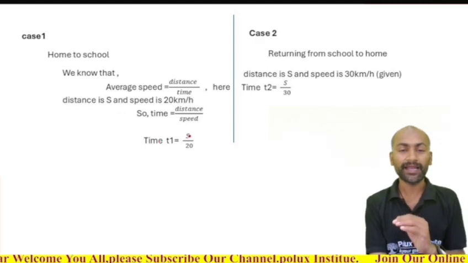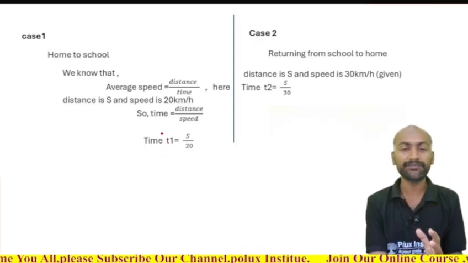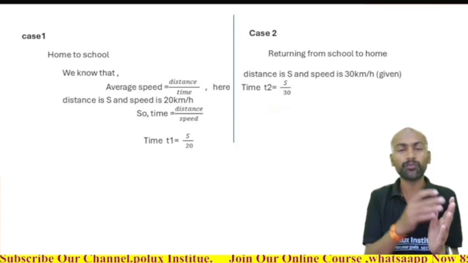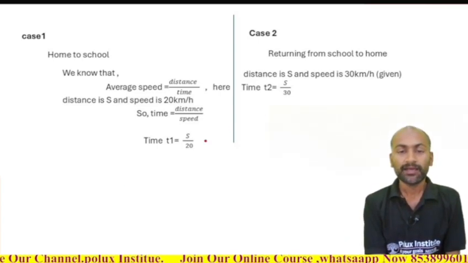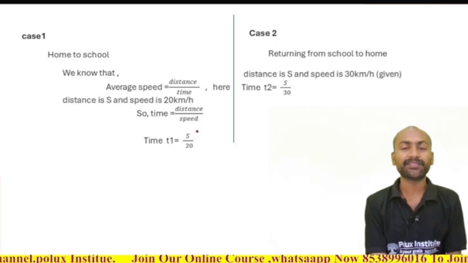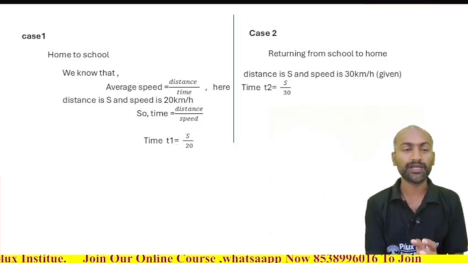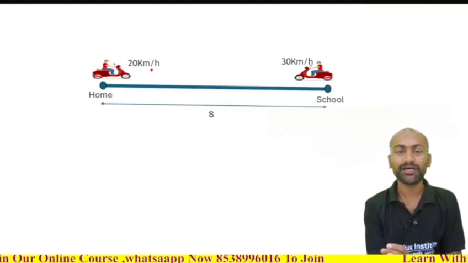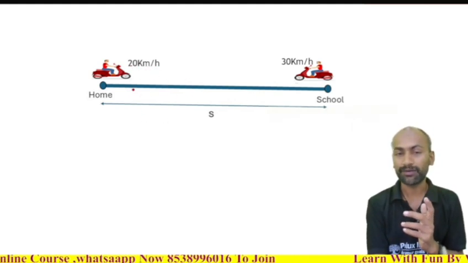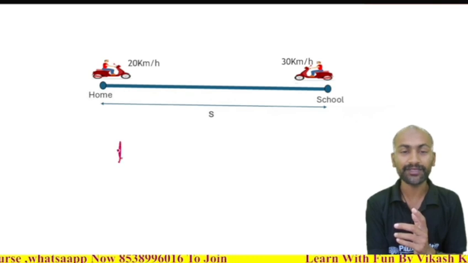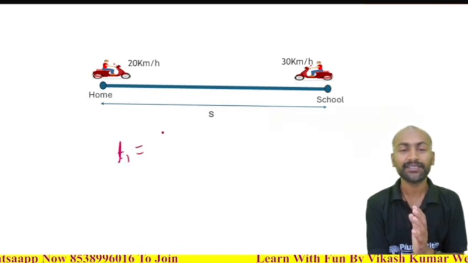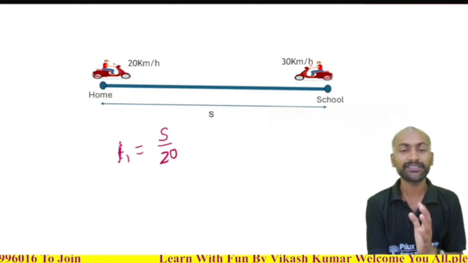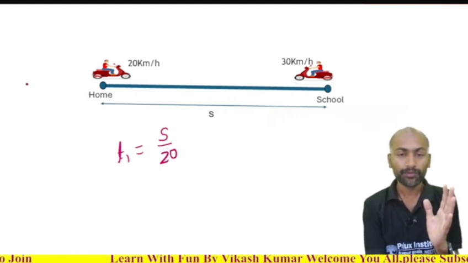Let's assume that T1 is the time taken by Abdul to move from home to school. So time T1 is S by 20. This is the time T1 for going.